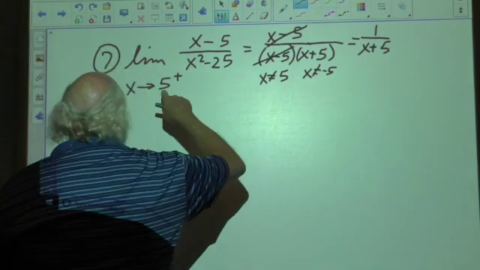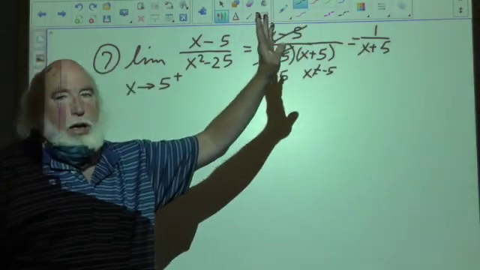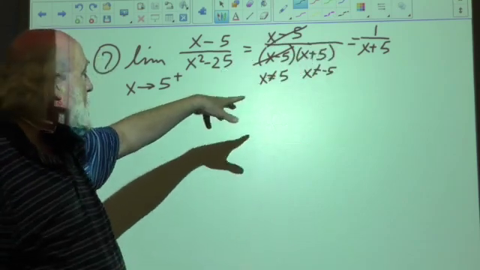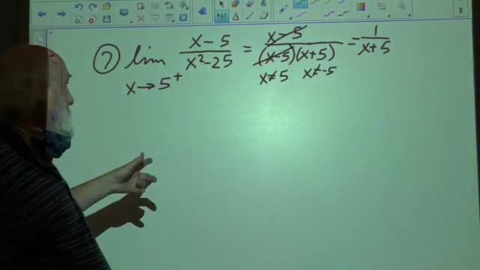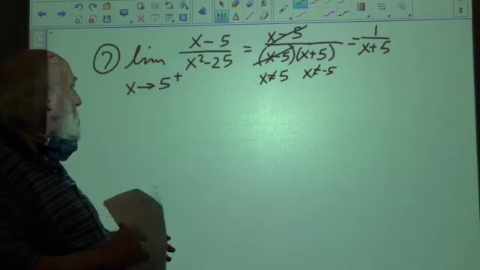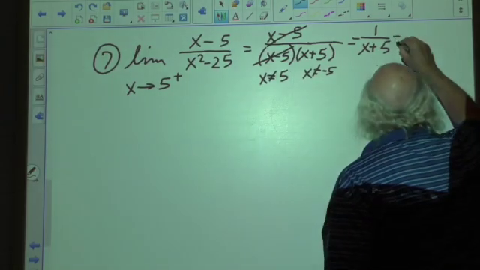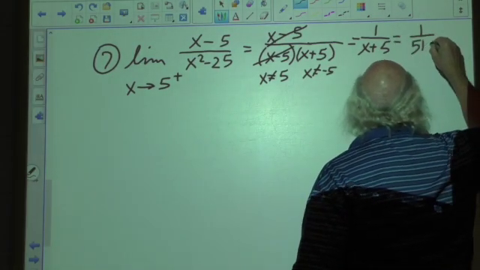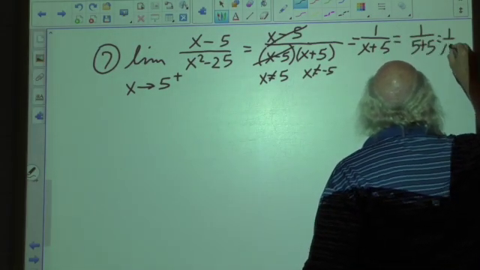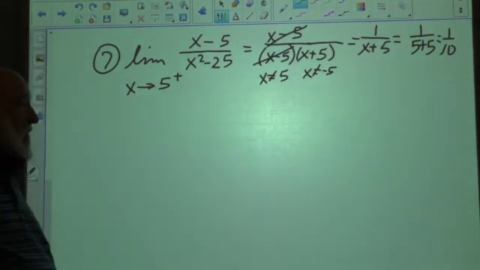Now, if our limit is set at x approaching 5, we have rendered this then now continuous from that perspective. So if I want to find the limit as x approaches 5 from the right, this is then going to be 1 over 5 plus 5, which is 1 over 10. So our limit for number 7 is the value of 1/10.